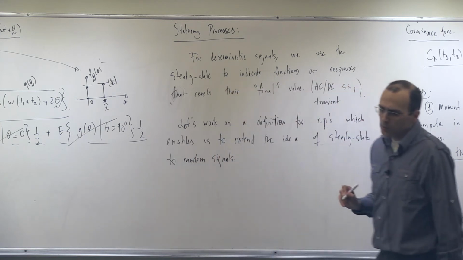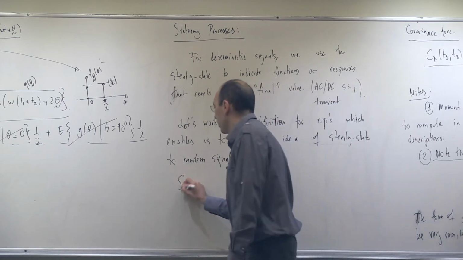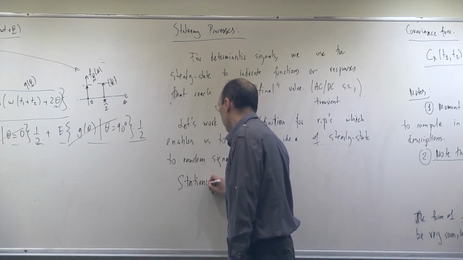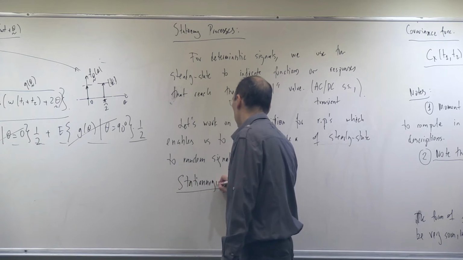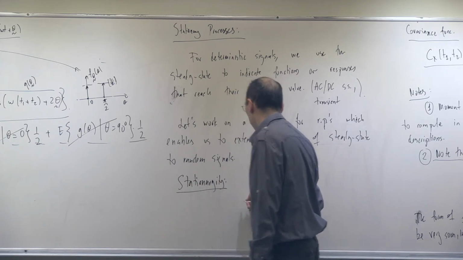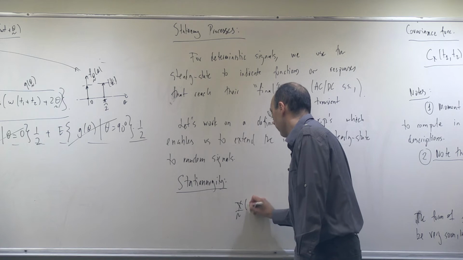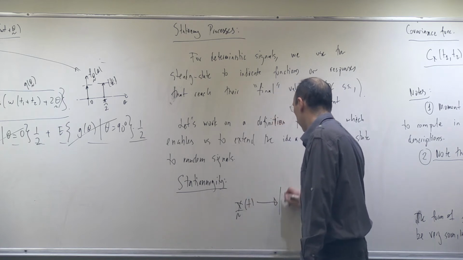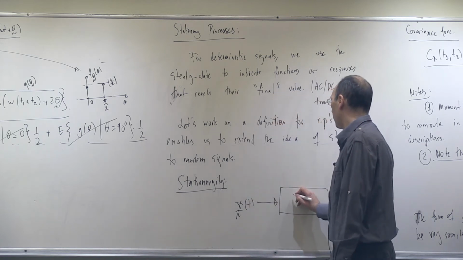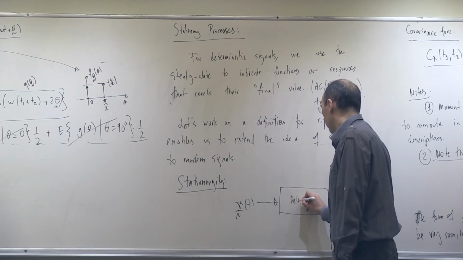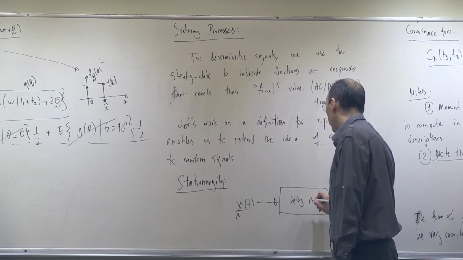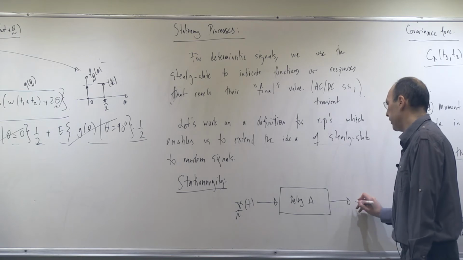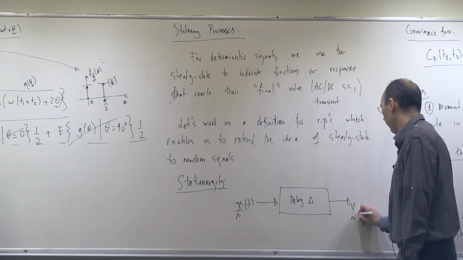This part will be the most critical part. It's extremely simple, you will see. Stationarity. I will use X of t, and I have a delay of, let's say, delta. This is y of t.